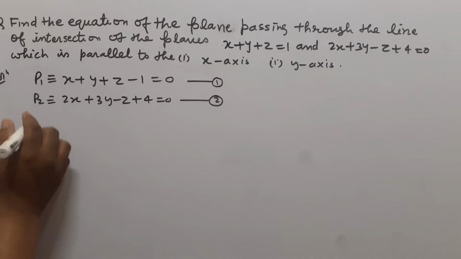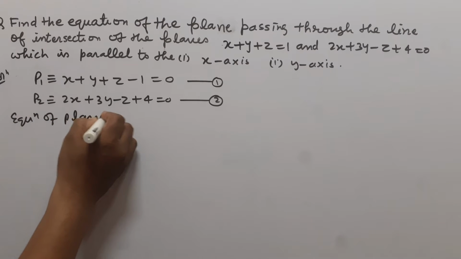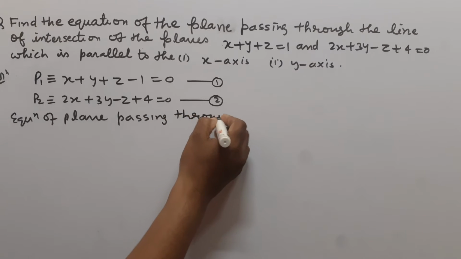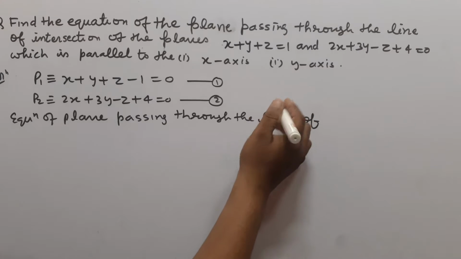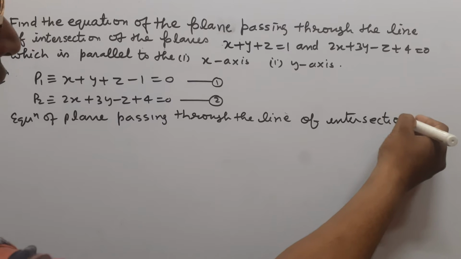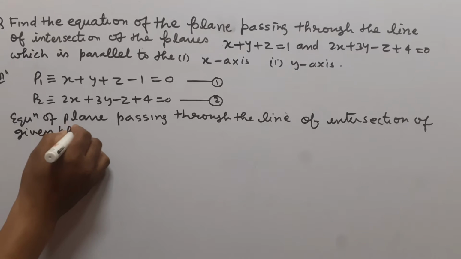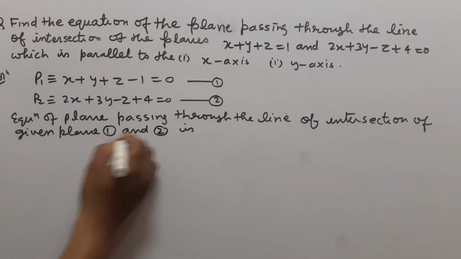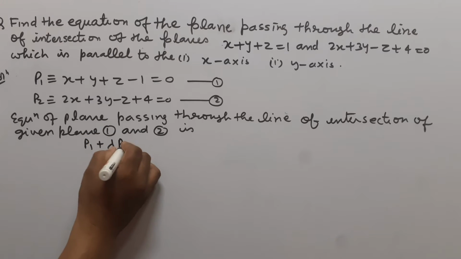So we write here, the equation of the plane passing through the line of intersection of given planes 1 and 2 is P1 plus lambda P2 equal to 0.